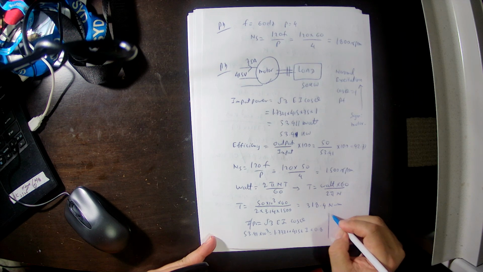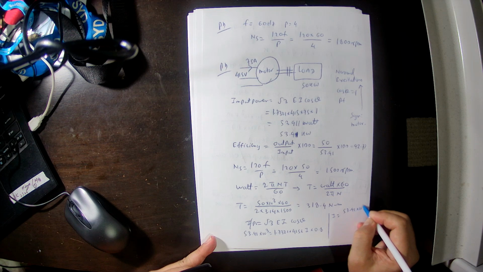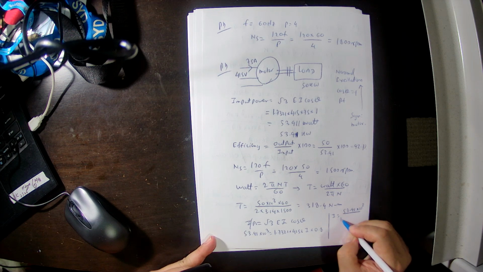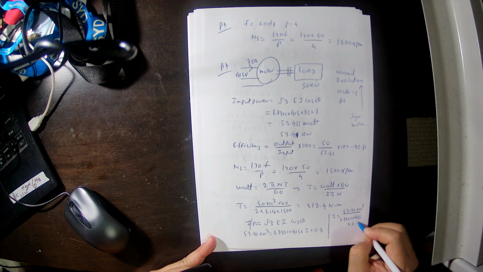Then we calculate I as 53.91 multiplied by 10 power 3 divided by 1.7321 multiplied by 415 multiplied by 0.8.